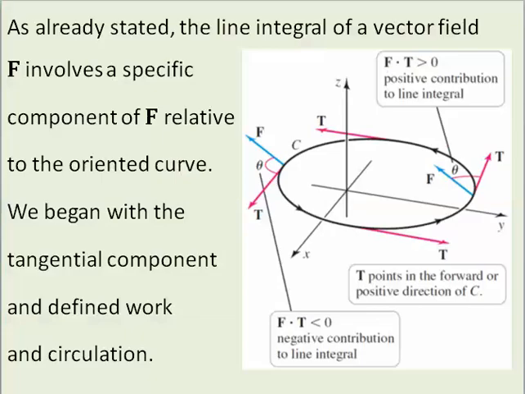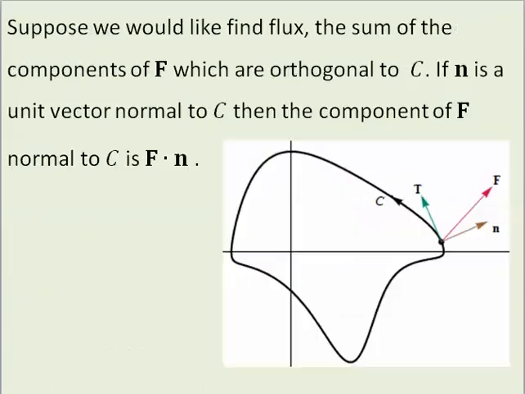As already stated, the line integral of a vector field involves a specific component of the vector field relative to the oriented curve. We've been talking about the tangential component, and we defined both work and circulation. Suppose we would like to find flux, the sum of the components of F which are orthogonal to the curve.